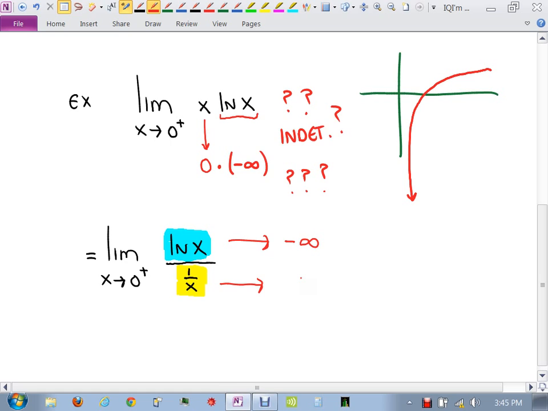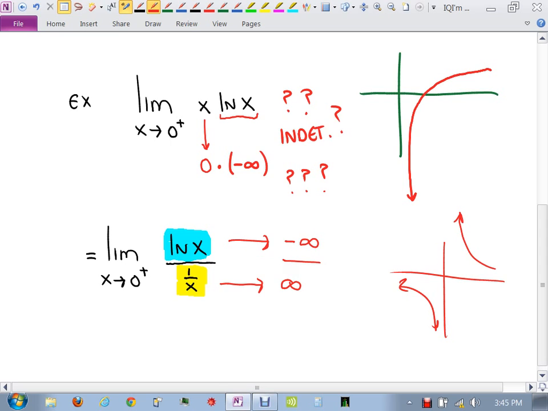Well, if you work that one out, you could actually even just draw the graph of 1 over x. This is what 1 over x looks like. Okay, that's the graph of 1 over x. So if I come in from the right, where's it headed? Up to infinity. So this one would actually turn out to have an answer of infinity. Now do you see we have infinity over infinity?